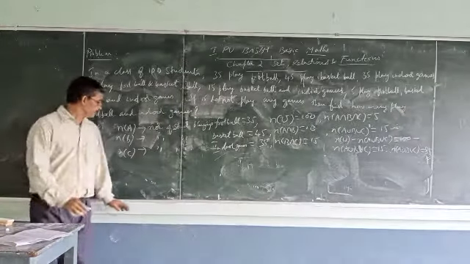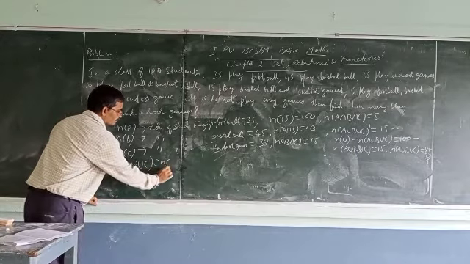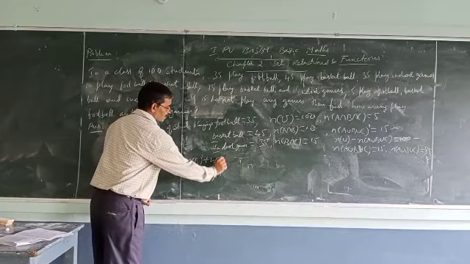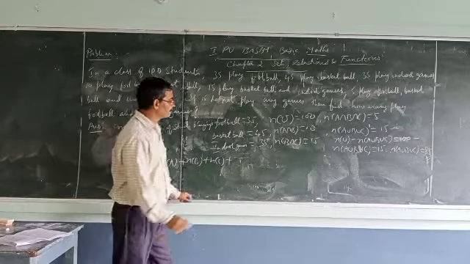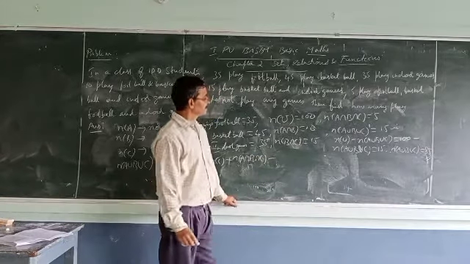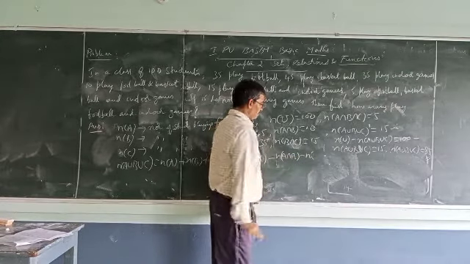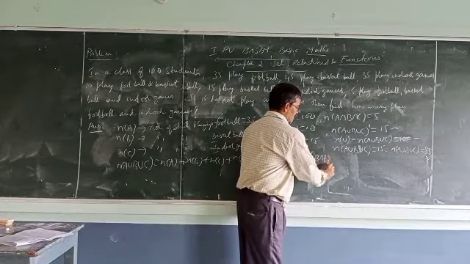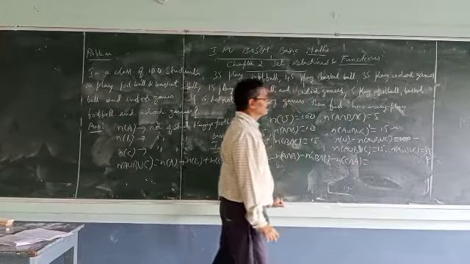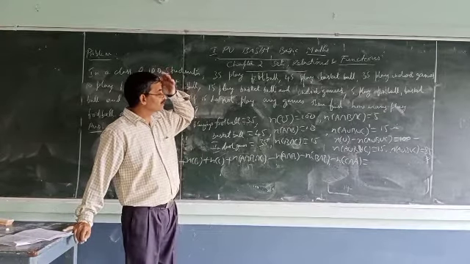N of A union B union C, you know the formula, we studied it last class: N of A plus N of B plus N of C plus N of A intersection B intersection C minus N of A intersection B minus N of B intersection C minus N of C intersection A. This is the formula we are having.